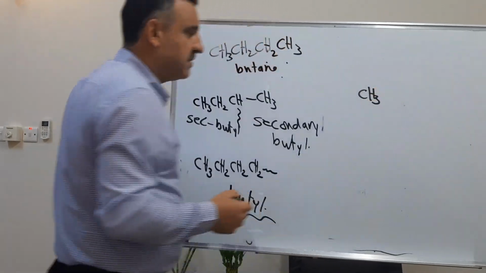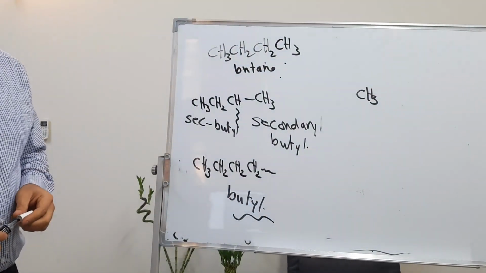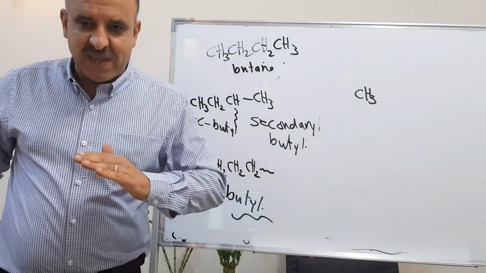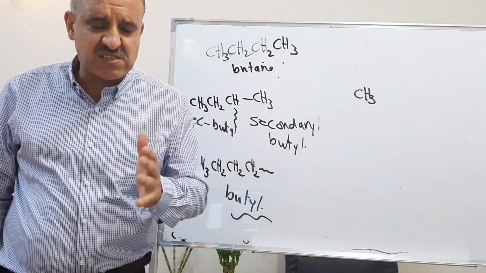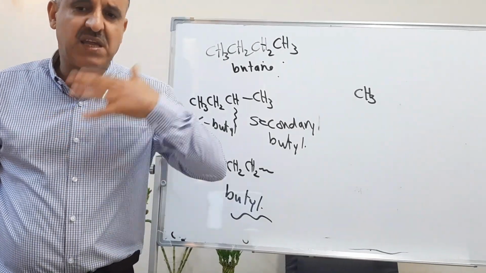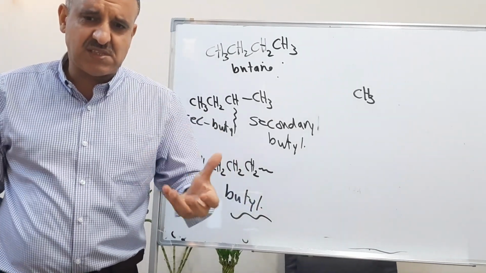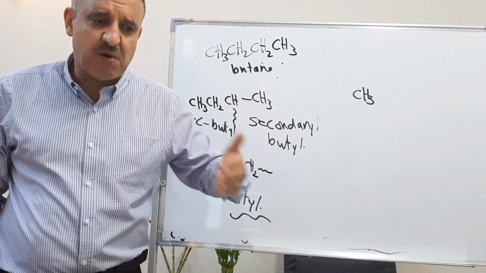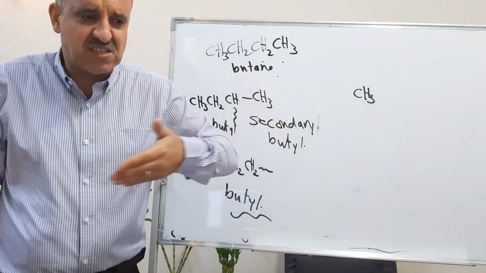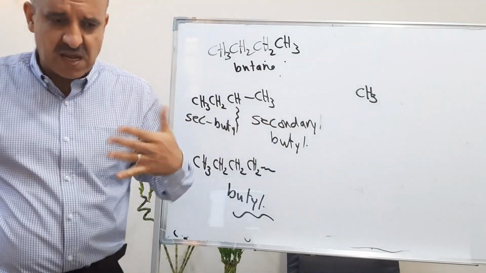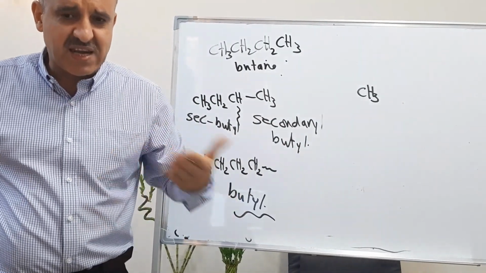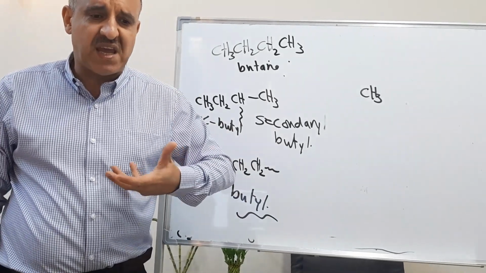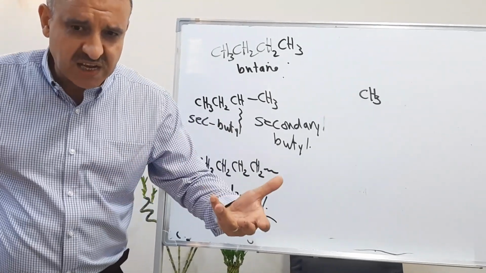Doctor, yes, please. On what basis do I call it secondary or iso? That's a good question actually. There is no basis here. We just agreed to do this because these are common names, and we agreed to make it this way. This is how we distinguish this from that. It's just giving names. The names are an agreement of the scientific community rather than any logical explanation.